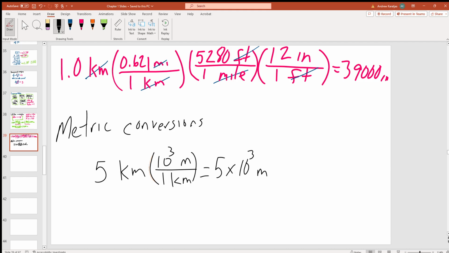You could then go further and go to millimeters. It's 1,000 millimeters, or again, 10 to the third millimeters in 1 meter. And so again, we're just changing our factor of 10 here to reflect that. So 5 times 10 to the 6 millimeters.